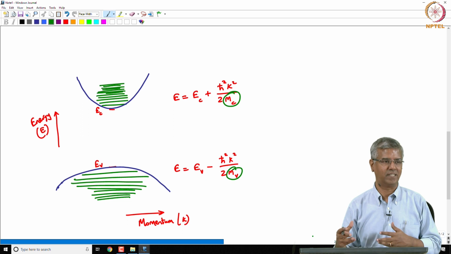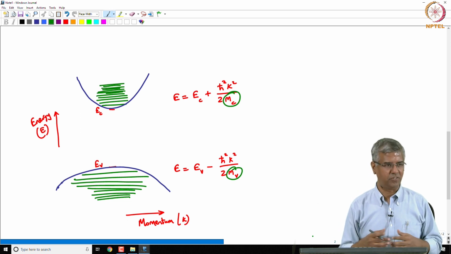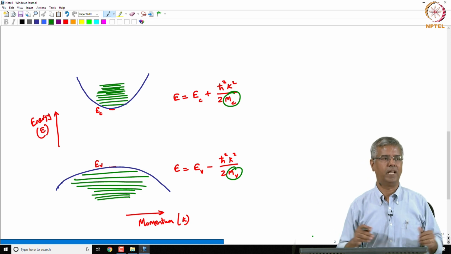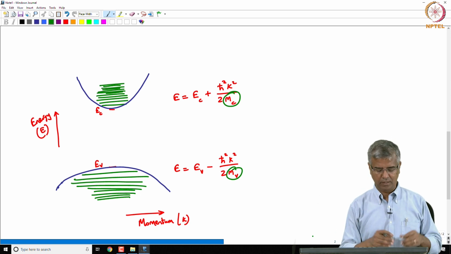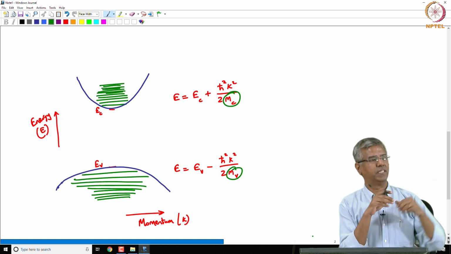The effective mass is larger in this case, and because of that you have a flatter E-K curve. Yeah, you have a question?